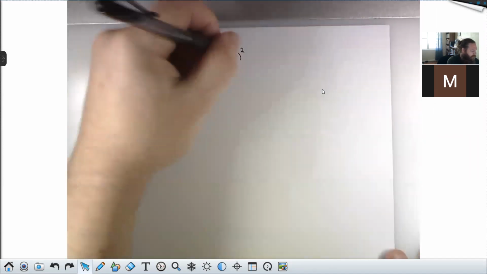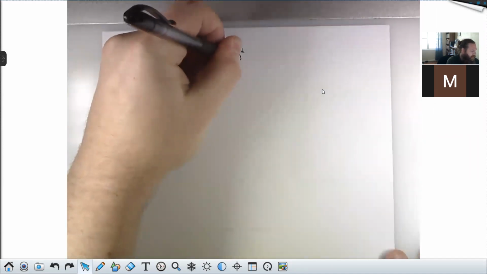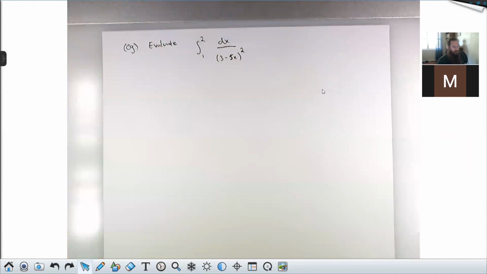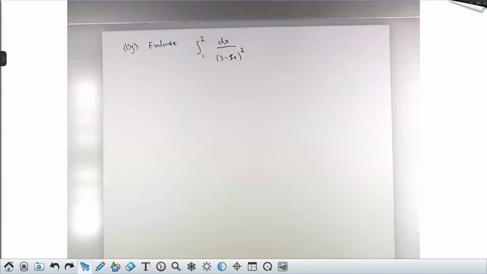And this here is a 5. Okay. I would like to hear what you guys think. First, maybe a word on notation.